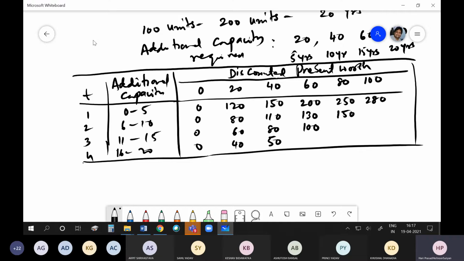If I want to increase 20 units after 15 years, how much should I have now so that I can increase 20 units after 15 years?